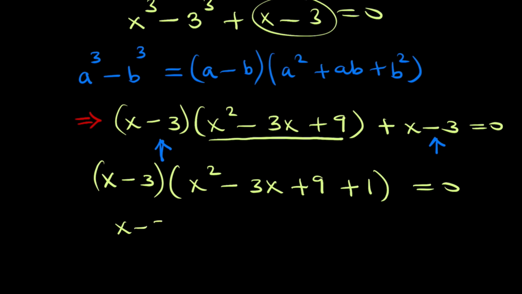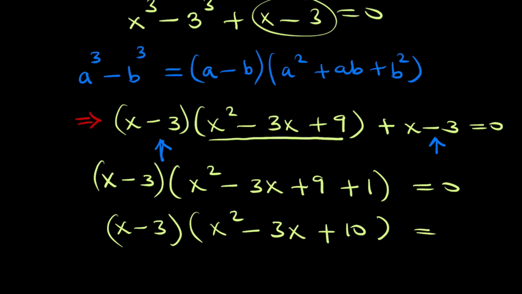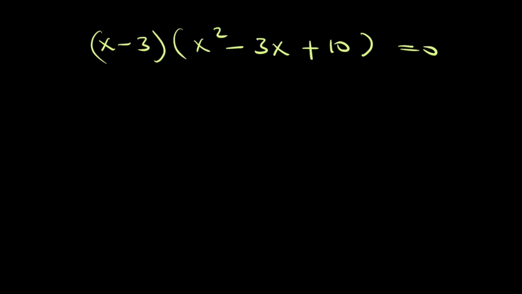So that x minus 3 into x squared minus 3x plus 10 is equal to 0. In finding the solution to this problem, the first solution we'll see is x minus 3 equals to 0.